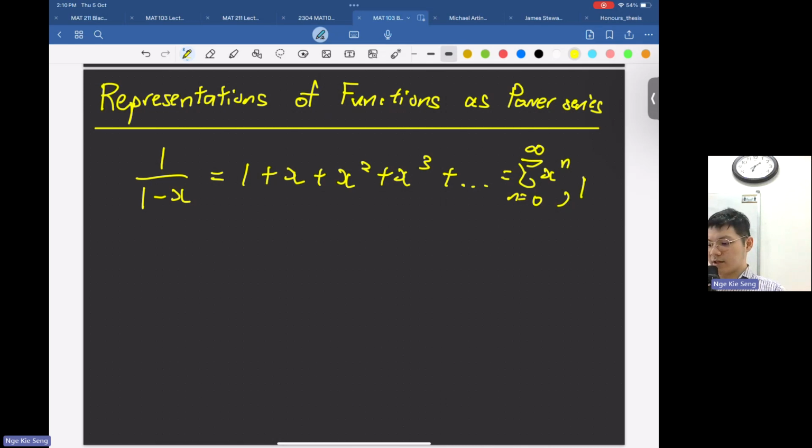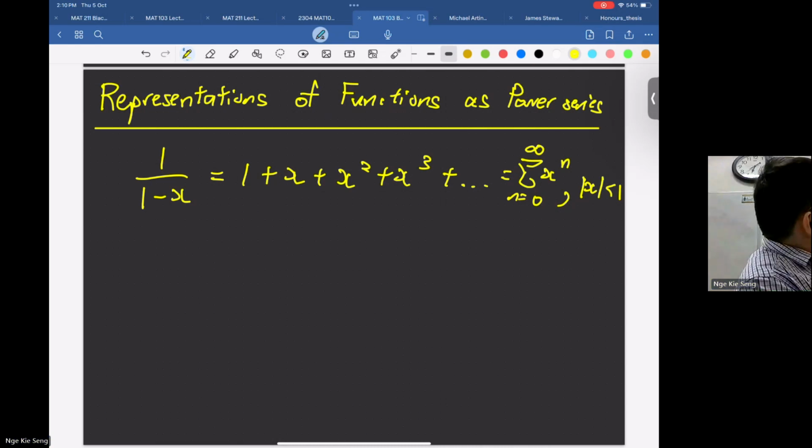The absolute value of x has to be less than 1. On the right-hand side, 1 over 1 minus x is a closed form of the left-hand side. On the left-hand side, 1, x, x squared, x cubed form a linearly independent set in the polynomial functions.